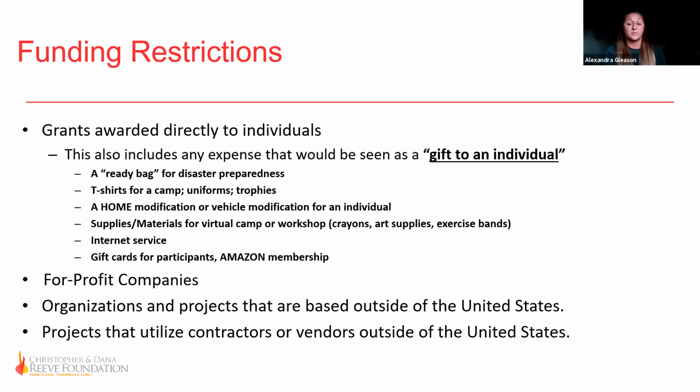This also includes supplies and materials for virtual camps or workshops, such as crayons, art supplies, exercise bands, really anything that is given to someone that they can physically keep. Internet service can also be considered a gift, but we can talk about ways to potentially provide internet service through the loan of devices in a few slides. Also gift cards for participants, Amazon memberships for movie nights, book clubs, or other app subscriptions for individuals. The government would consider all of those gifts to individuals as well.